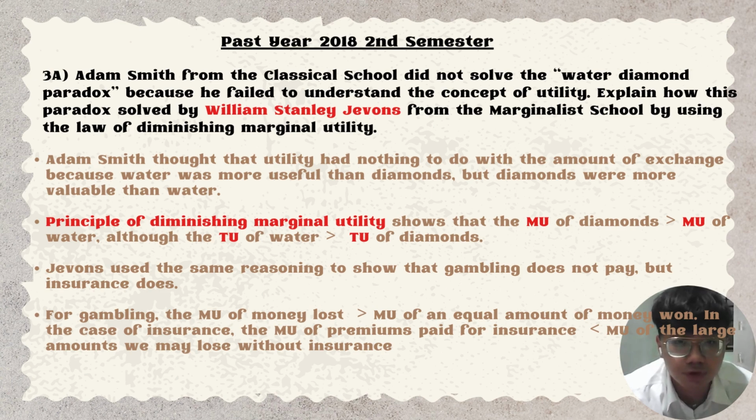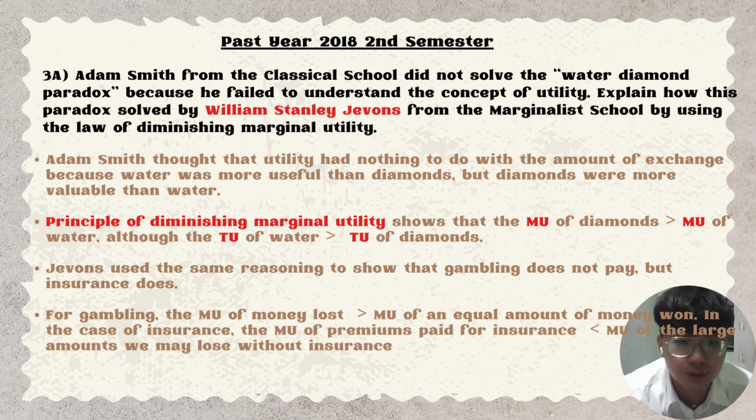The principle of diminishing marginal utility shows that the MU, marginal utility, of diamonds is greater than the MU of water, because diamond is so much more expensive, limited, and valuable. But water is very cheap and very easy to get.